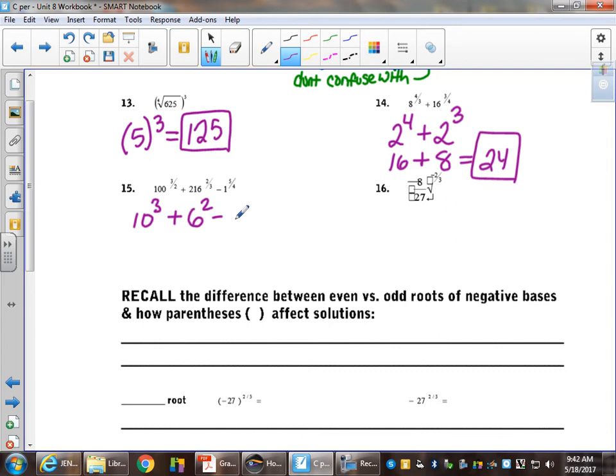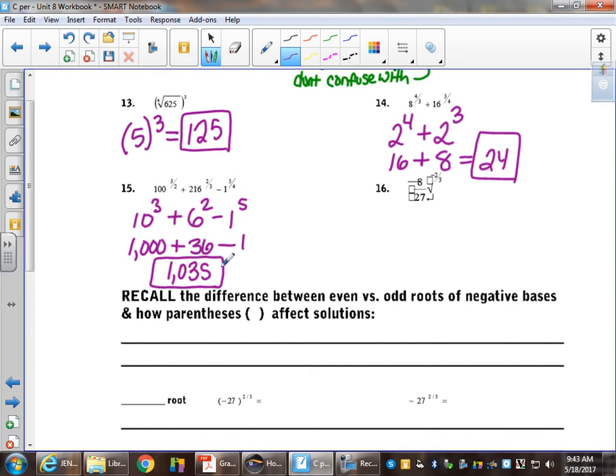Minus is separate from this next term, so let the minus be where it is. 4th root of 1 is 1 raised to the 5th. So notice, I just looked at it a piece at a time. Now I come back. What is 10 to the 3rd? 1,000 plus 36 minus 1 is 1,035.